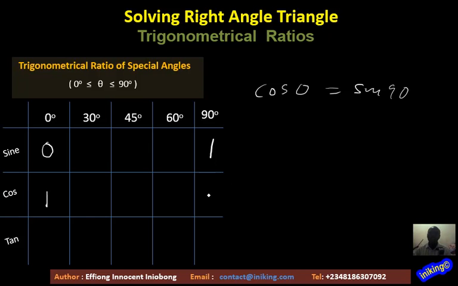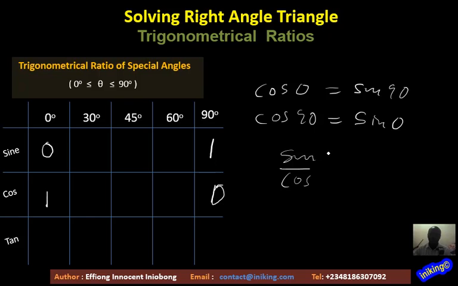And then the cos of 90 must be equal to the sine of 0, and we know the sine of 0 is 0. So therefore, cos 90 is equal to 0. Then how about the tan of 0? Well, I don't have a diagram here, but I know that tan is the ratio of sine to cos. So tan 0 must be equal to sine 0 over cos 0.